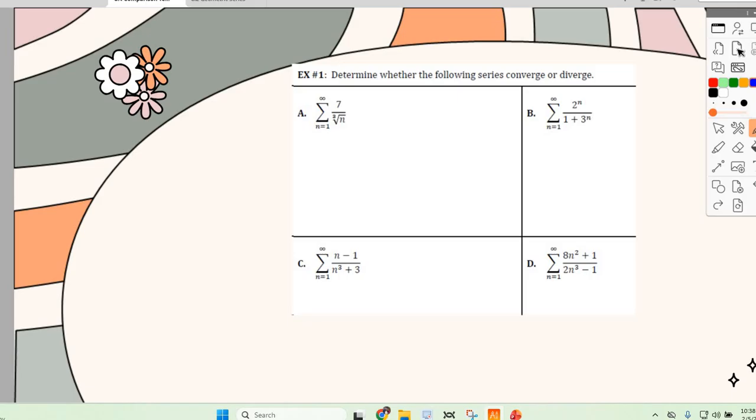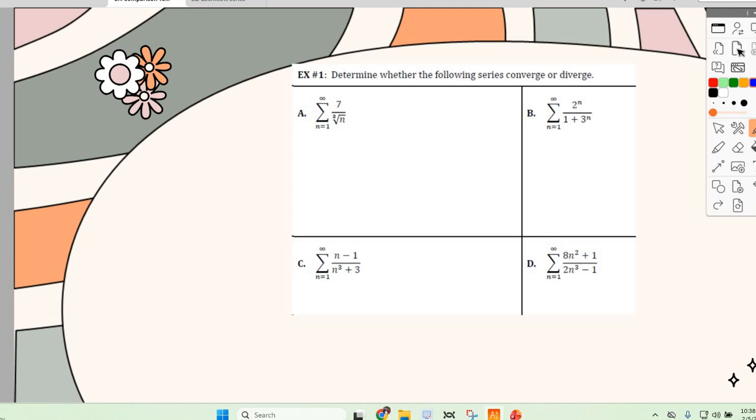Yeah, it looks similar to a p-series, okay? So if I'm thinking about a p-series, if I have an n to the 1/3 on bottom, what would that do by our p-series? It would diverge, right? Because p is less than 1 and in between 0 and 1.